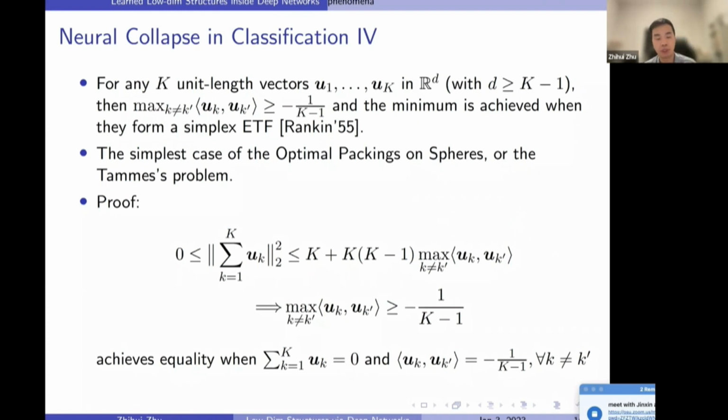And we can show that this equality can be achieved only when, first, the mean of these k vectors equals 0. Second, each pair has the same angle, and the cosine of the angle equals this value.